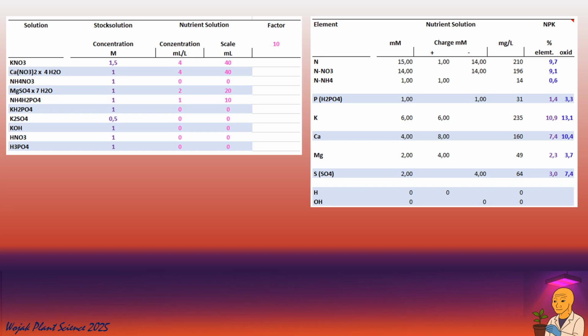And also the same goes for the potassium, 6. So we have 6 millimole of K and 6 millimole of N. This is all added up here. So you cannot see where the N comes from. You see the different forms of N, nitrate or ammonium.